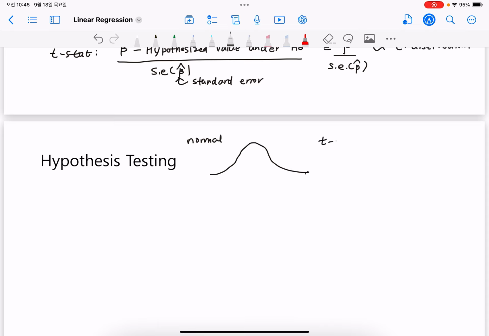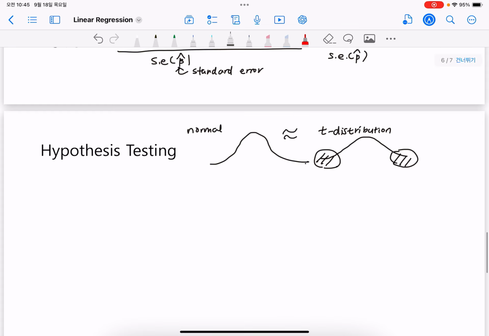The t distribution looks very similar to the normal distribution, but with a bit fatter left and right sides. Okay, but it really looks similar to the normal distribution. And there is actually a t distribution table, where you can infer some numbers, and you have to infer those numbers in our cases.